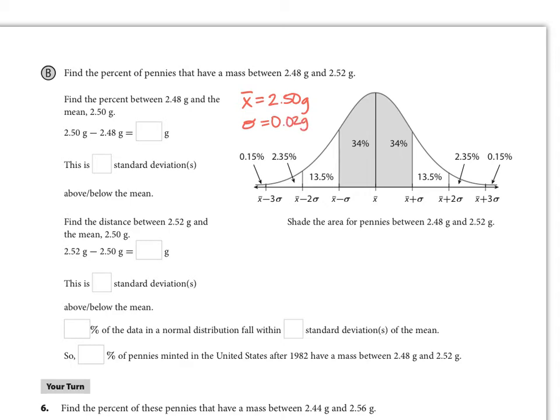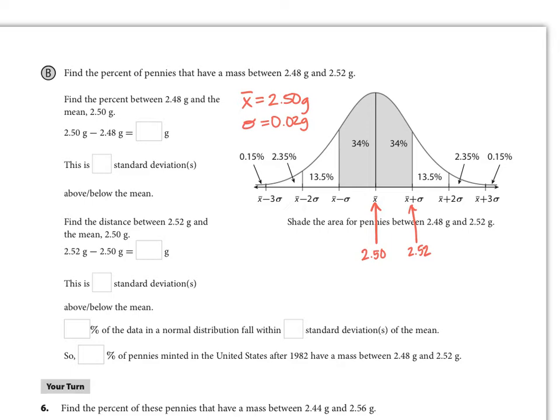Okay, so I'm going to label the number line part of this normal curve. We know that right here is 2.50. This part right here is 2.50 plus 1 standard deviation. So it's really 2.50 plus 0.02, which is 2.52.